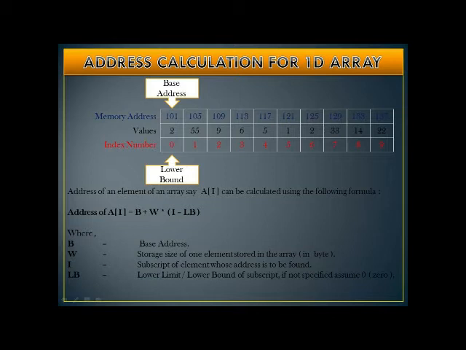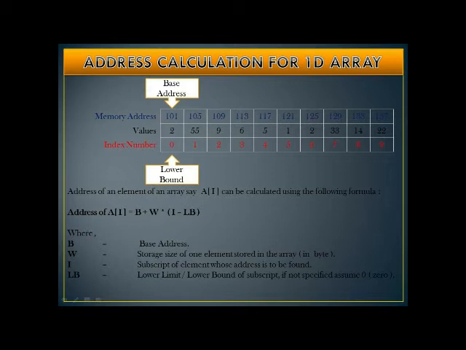So if I multiply 6 with the total number of bytes for each cell, that is 4, 6 into 4 is 24, plus the base address of the first cell, 101. So 101 plus 24 is going to come as 125, which is the address of the 6th index position of the given array.